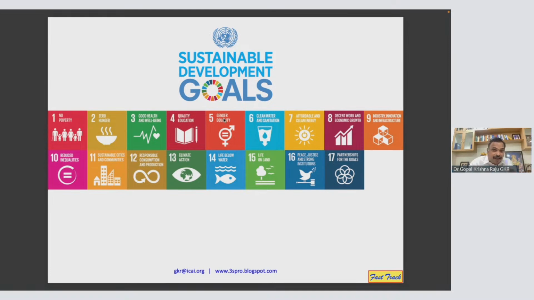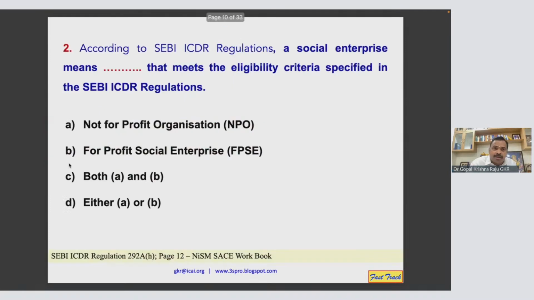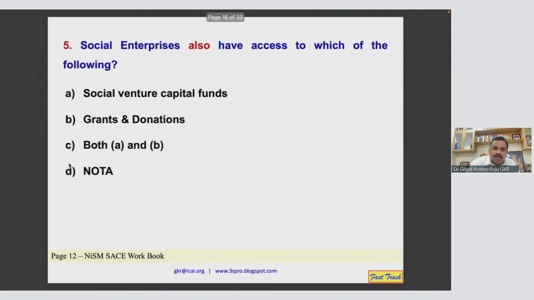Gender equality is with respect to men and women. So all this has to be reduced, which means it should be balanced. So gender equality is different from reduced inequality. You have to be very careful with it. So read these 17 items as many times as possible to appreciate this.